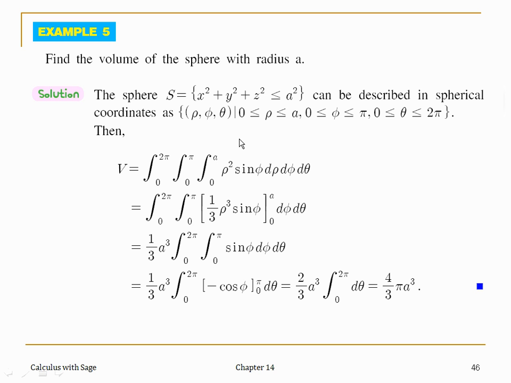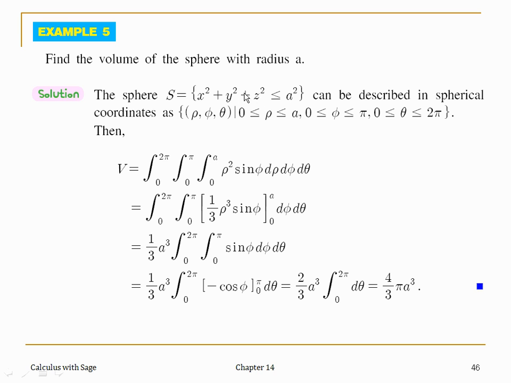The next example shows spherical coordinates. Here, find the volume of a sphere with radius a. This sphere can be described in spherical coordinates like this, because this is rho squared.